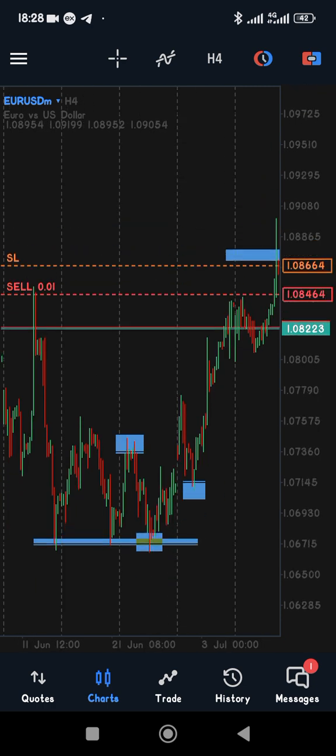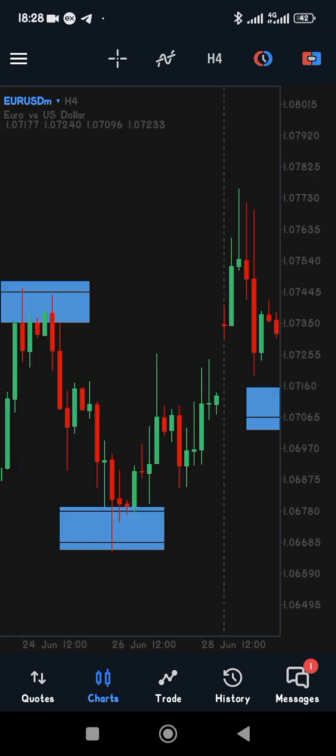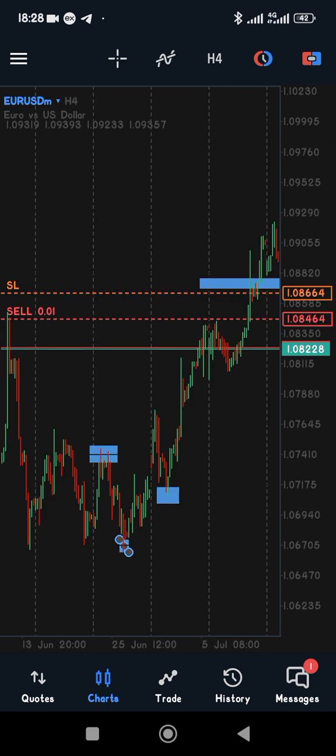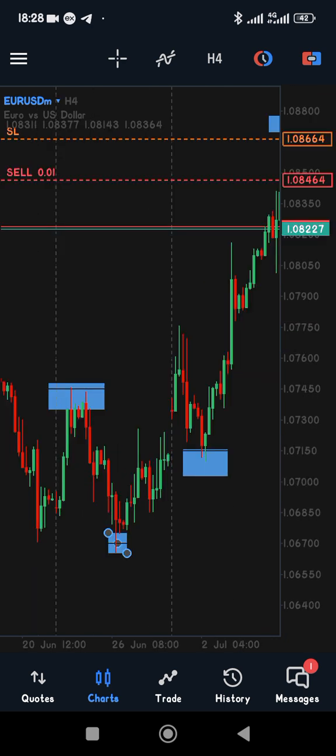Down here, let me delete this one. Down here is the lower low. Yeah, this is the lower low. This is the higher high, the first higher high that changed the trend, that changed the structure of the market.